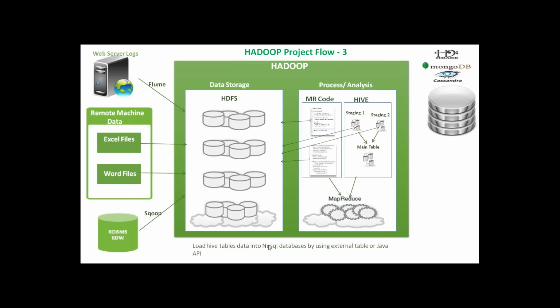NoSQL: load Hive tables data into a NoSQL database by using external tables or the Java API. Once we complete that, I will explain it again. So we are loading into NoSQL. Some of the NoSQL databases are HBase, MongoDB, Cassandra.